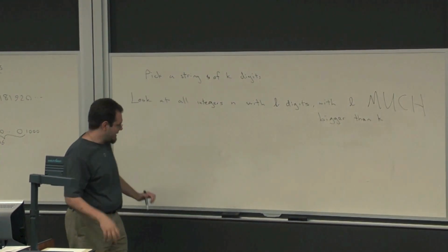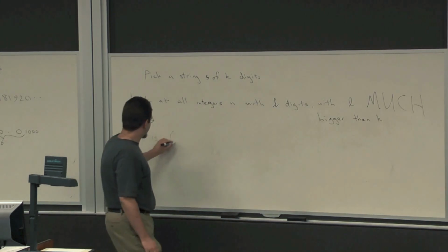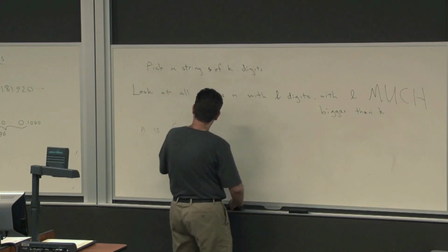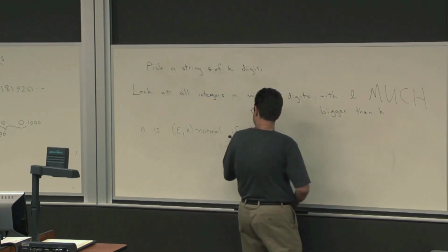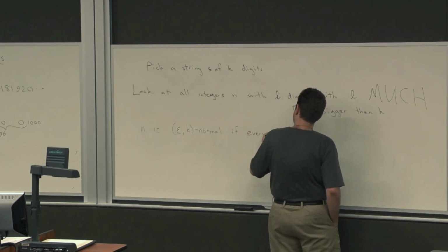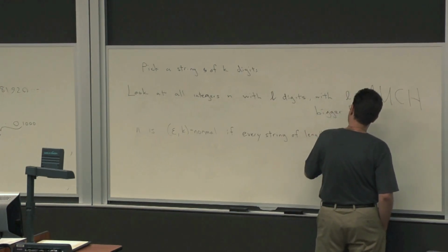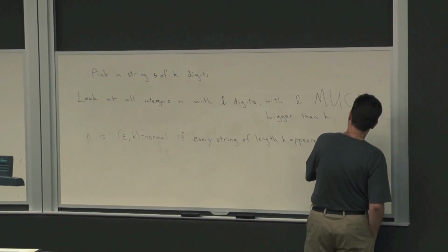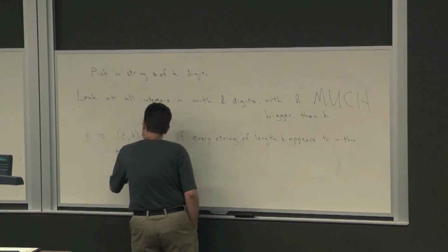So the technical term for this is we say n is epsilon-k normal if every string of length k appears to within epsilon of the right frequency.